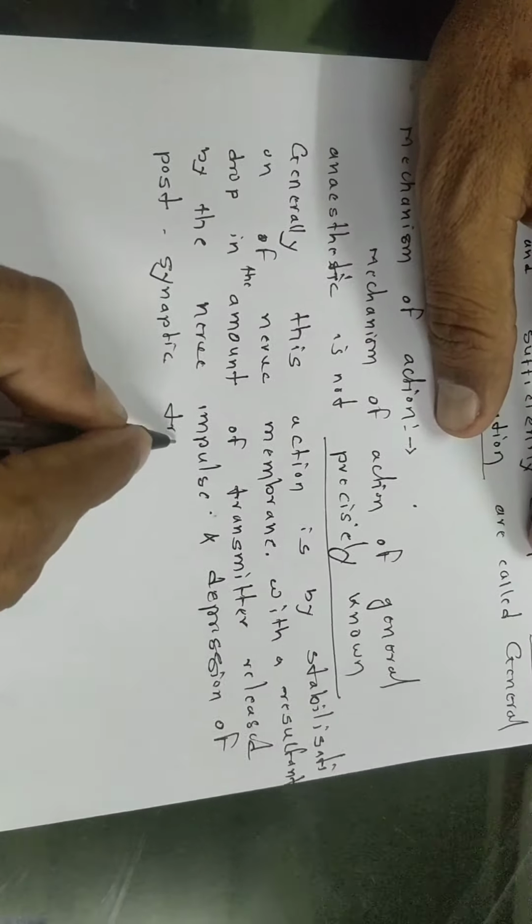See, exactly the mechanism of action is not known, but generally these are the theories. General anesthetics stabilize the nerve membrane, with a resulting drop in transmitter release by the nerve impulses. Then they depress the post-synaptic transmissions.